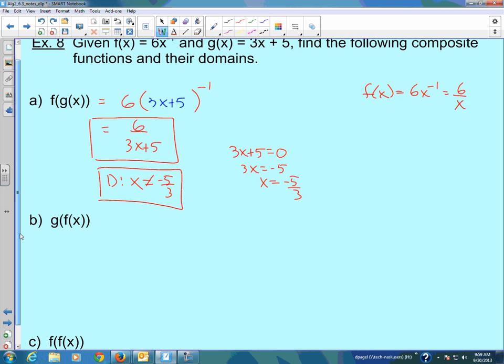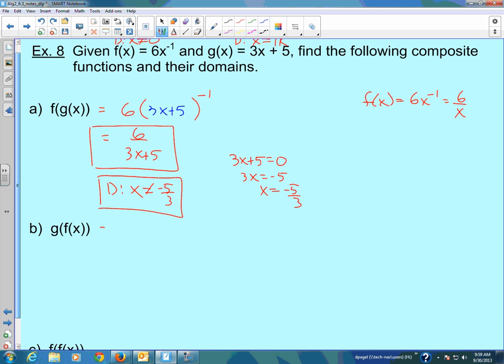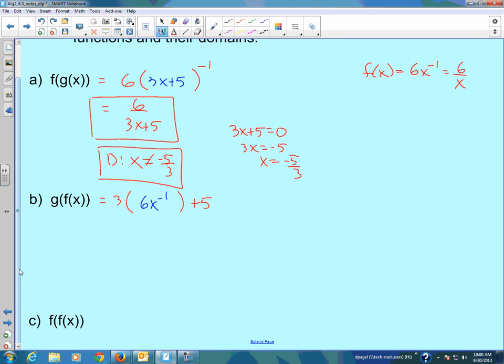g of f of x. So now we're going to plug in 3 times 6x to the negative first plus 5. All right, this becomes 3 times 6 over x plus 5.